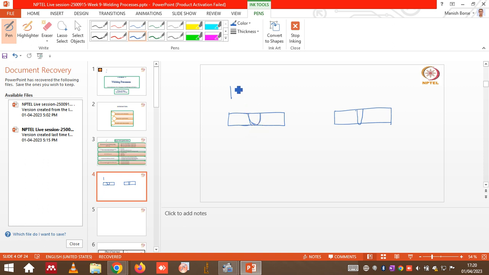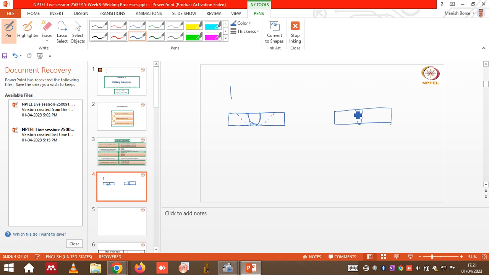For melting the parent material we have to give a certain energy, and if the process uses a source of low energy density, then obviously the heat input will also be higher, and the amount of heat transferred to the surrounding metal will also be high in such cases. So the heat affected zone is always wider in processes with low energy density.